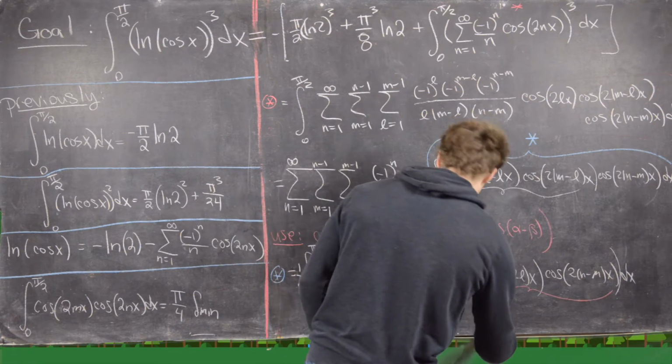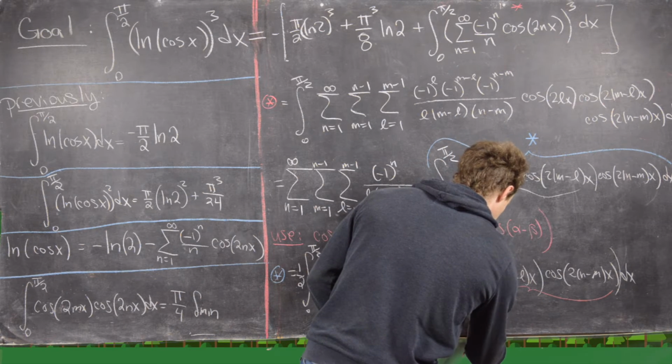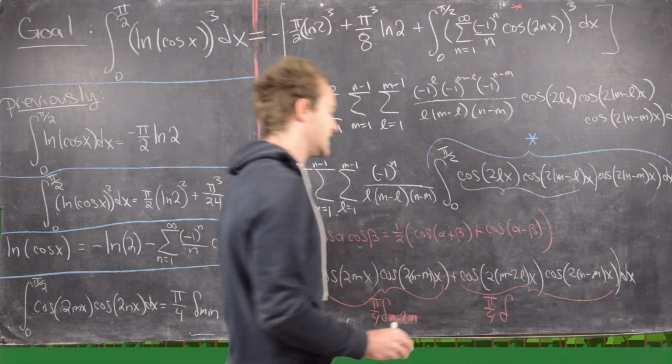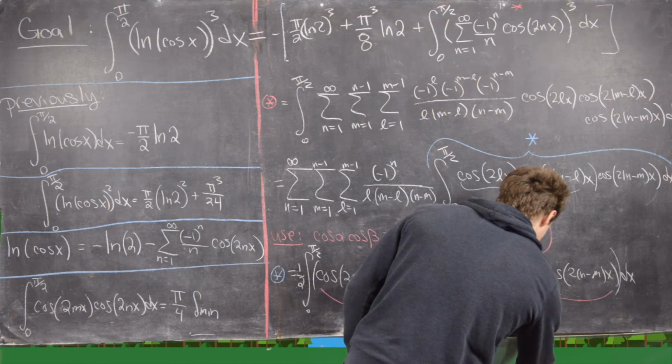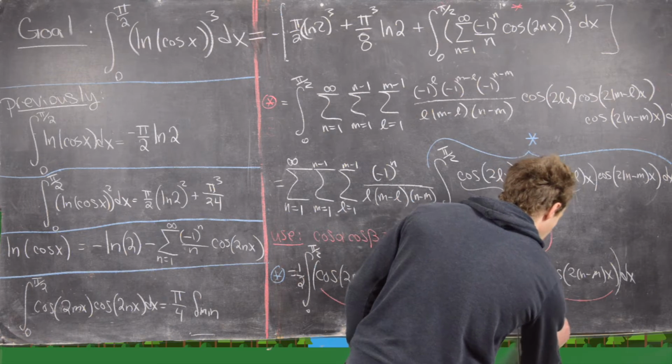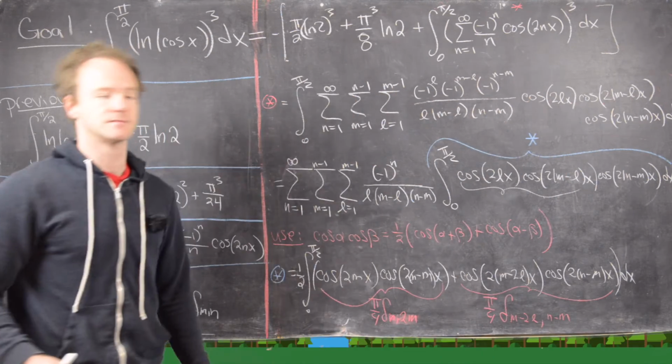And now let's see what we get for this part. So this is going to give us pi over 4 times delta of m minus 2l comma n minus m. Okay, good.